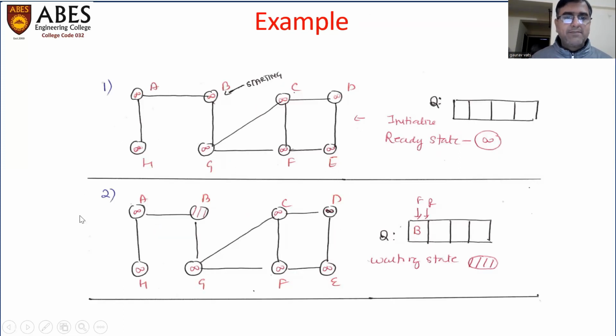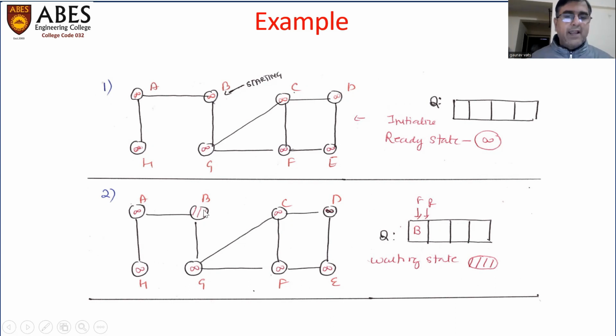So my second step: the starting node was B, right? So this is my starting node. I have put that node in the queue. So this node will be front as well as rear. There is only one node in the queue, that's why it is front as well as rear. And this is the symbol for waiting state.